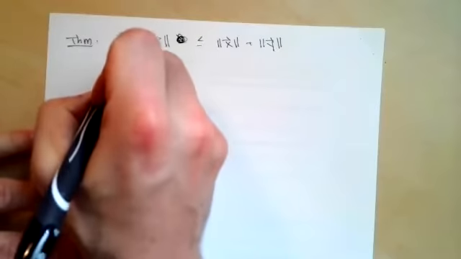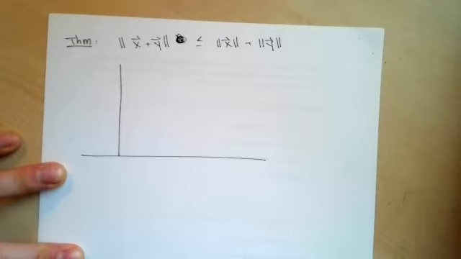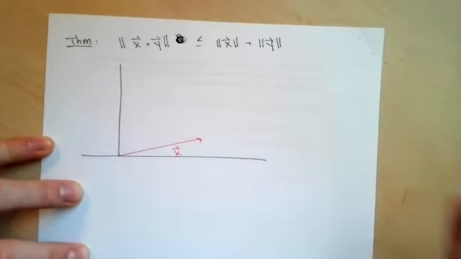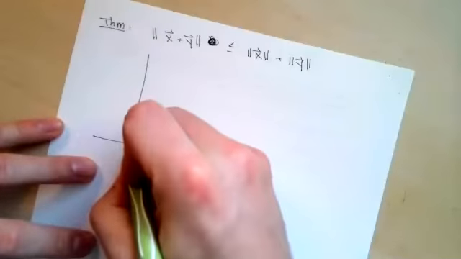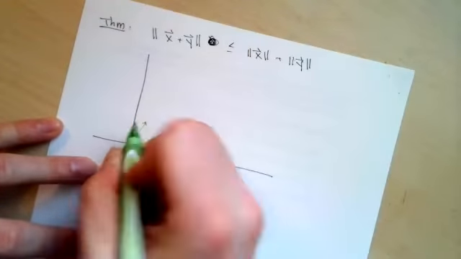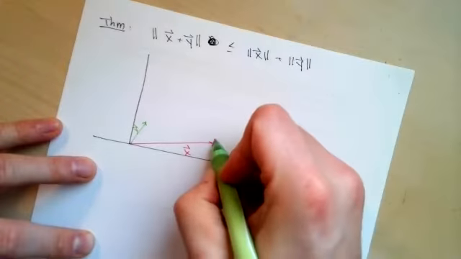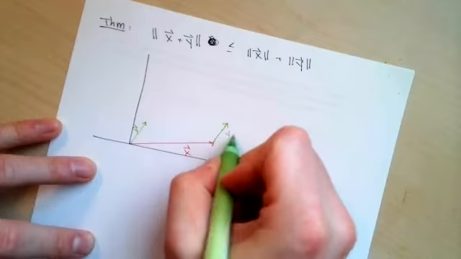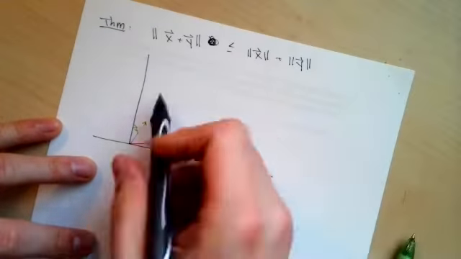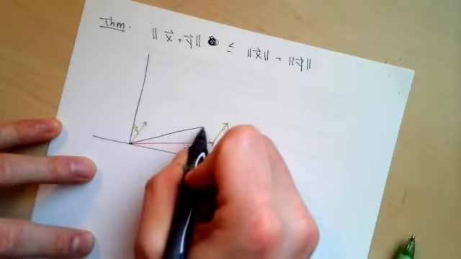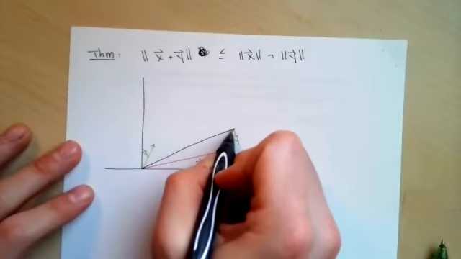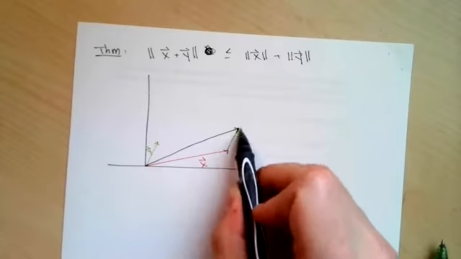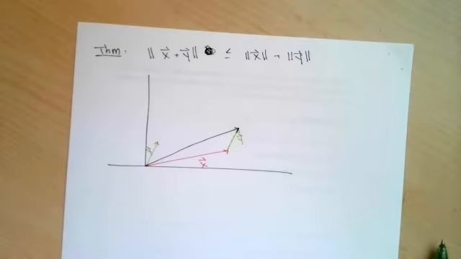Geometrically, we can get a little bit of an intuition for it. If we have a vector x and then some other vector y, our x plus y is drawn from the origin to the end of y, where we've taken y and translated it to the tip of x.